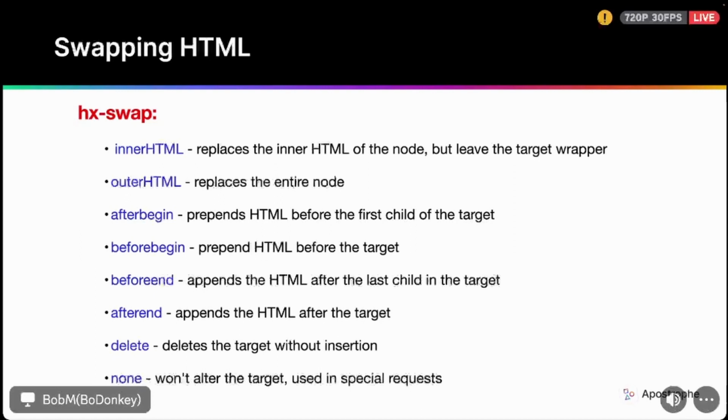If you have something like a div with an ID of result, you can pass in innerHTML as the hx-swap attribute value, and that will leave the outer div alone and only replace the inner content of that particular node. You can also swap the outerHTML, which will completely replace the entire node, including the wrapper. You can append or prepend DOM content to a particular target.